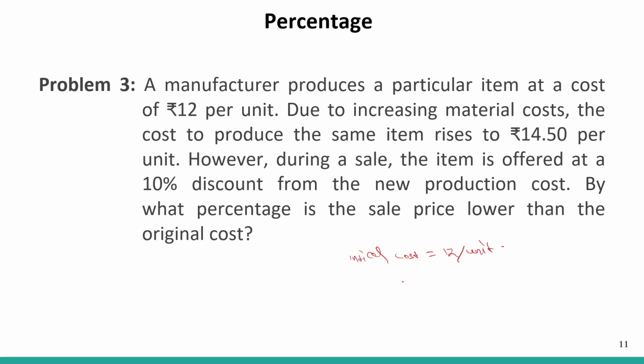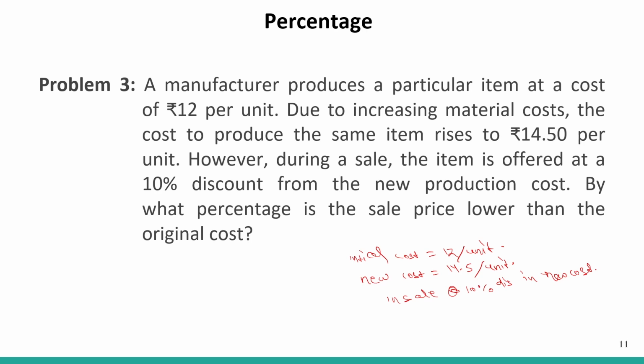After the increment, the new cost is 14.5 per unit. However, during the sale the item is offered at a 10% discount from the new production cost.